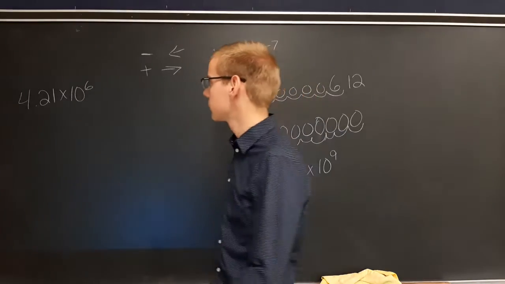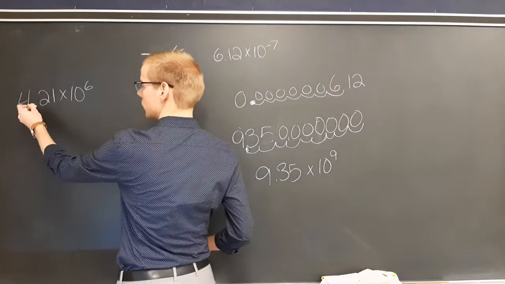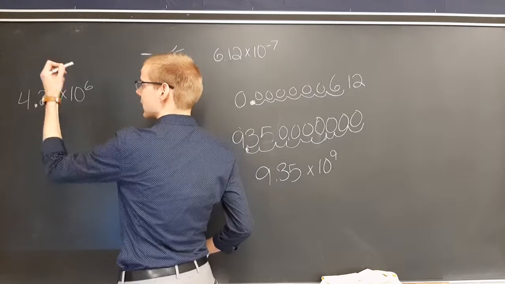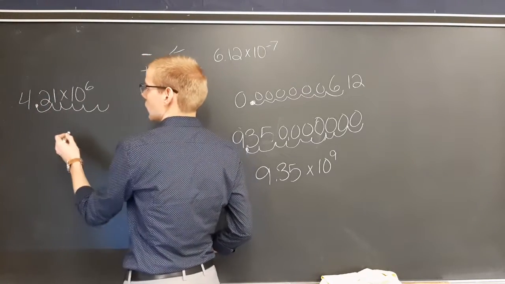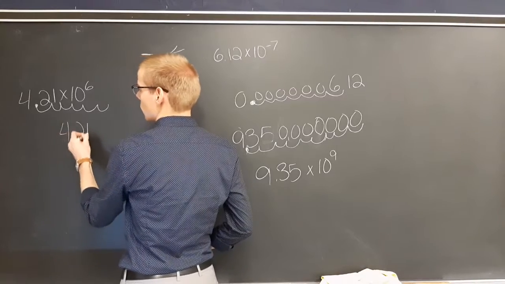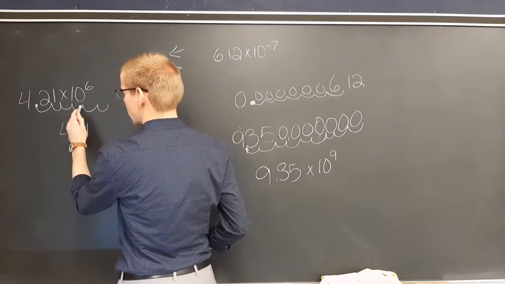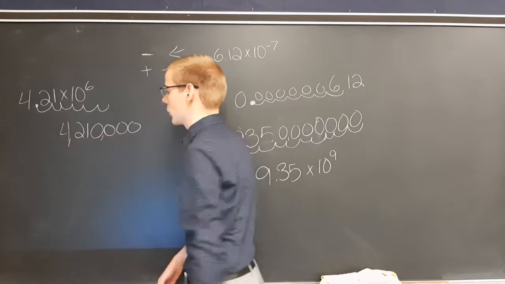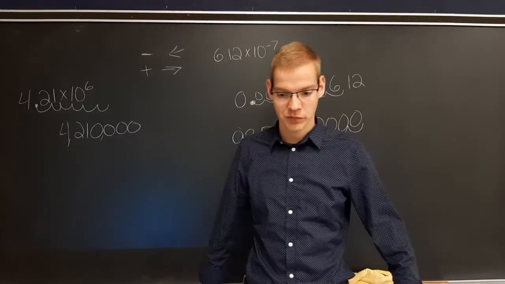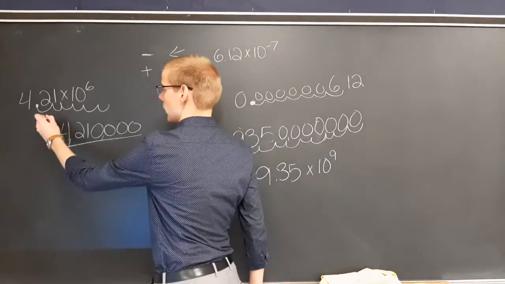How do we do this? Take this decimal, move it over 6 times. 1, 2, 3, 4, 5, 6. So 4, 2, 1. So we have 1, 2, 3, 4 zeros. Put in your commas, and there you go. That wasn't that difficult.